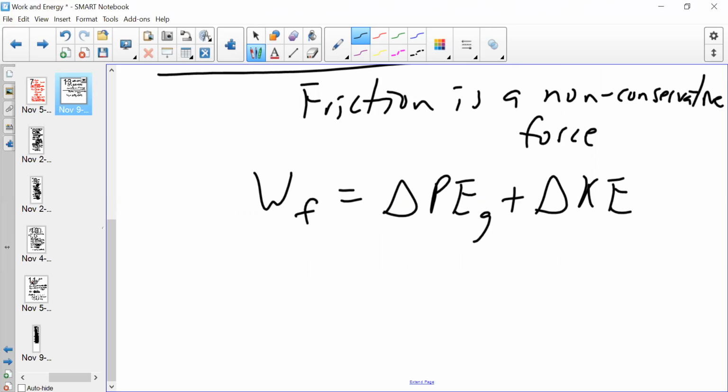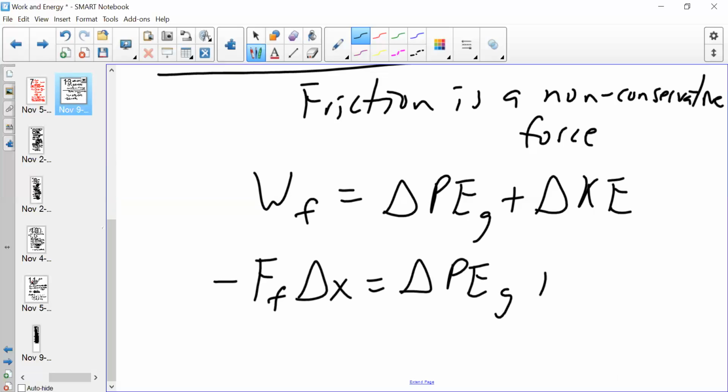It's going to be equal to the work done by friction, and the friction force generally is going to be kinetic friction. So the kinetic friction formula is going to be force of friction times delta x equals this. Tracking so far? It's no longer zero because friction takes away. It's always going to be negative. I'm losing, losing, losing. I'll never get it back, so I can never net zero.